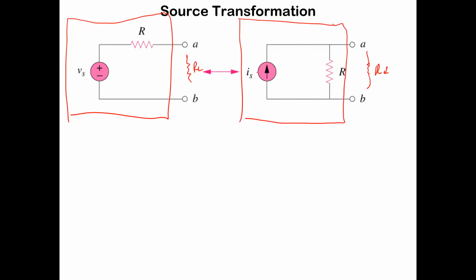Whether you hook it up to one circuit or the other, they're actually equivalent circuits, so the load doesn't tell the difference. And that's a powerful tool that we can use to simplify things.